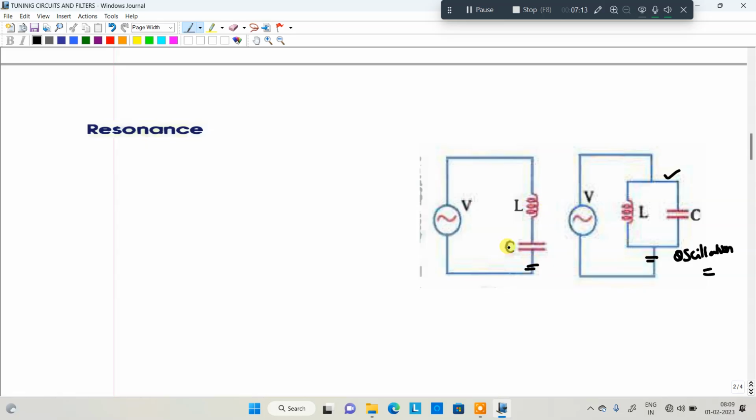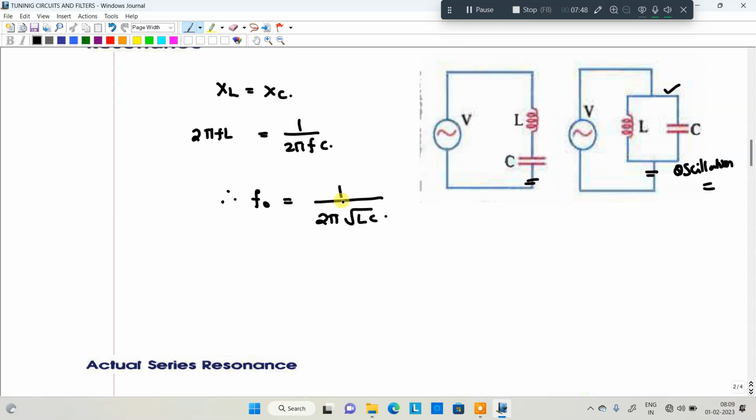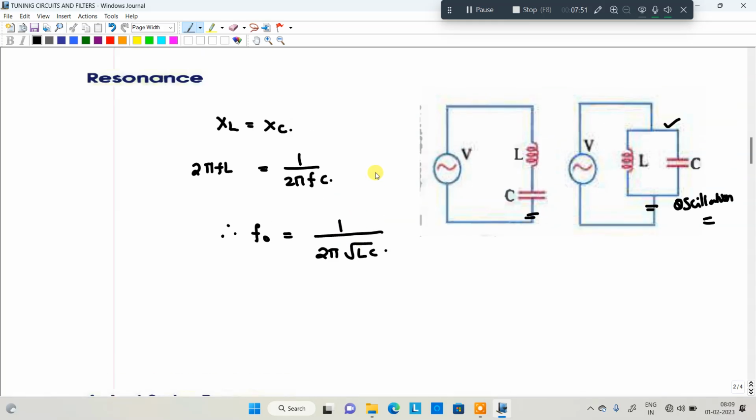It means the leakage current in the capacitor will be 0. At resonance, inductive reactance is equal to capacitive reactance. XL is equal to 2 pi FL, XC is equal to 1 by 2 pi FC. From that, F0, the resonance frequency, is equal to 1 by 2 pi root LC. This was already discussed in the previous chapter on series AC circuits.